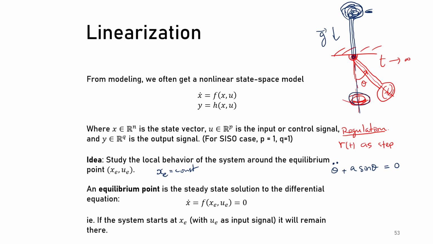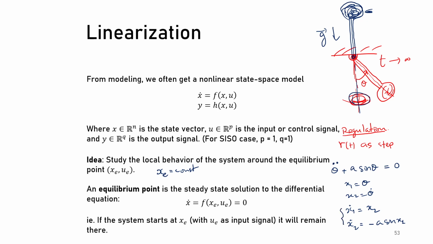If I write it into state space representation, let's say that x1 equal theta, x2 equal to theta dot. So x1 dot equal to x2 and x2 dot equal to minus a sine x1, right?